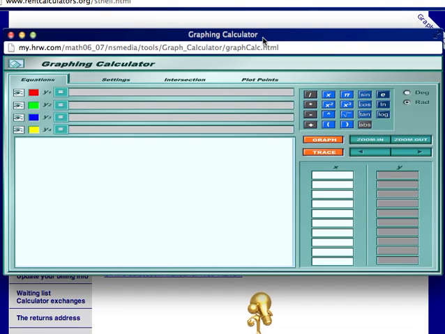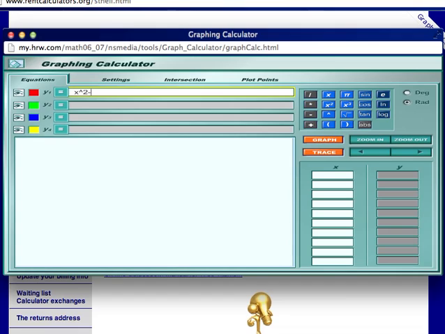Now what we're going to do is I want you to go where it says y1 equals, and I want you to place your cursor in that first rectangular box. And in that first rectangular box, I want you to type x squared minus 3x minus 4. Now when you do that x squared, you have to use the caret key, which is above the 6.